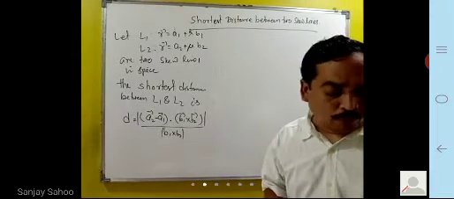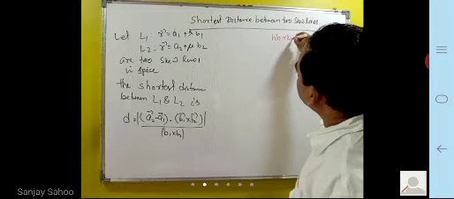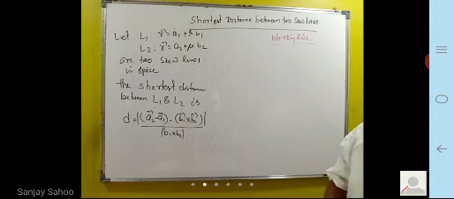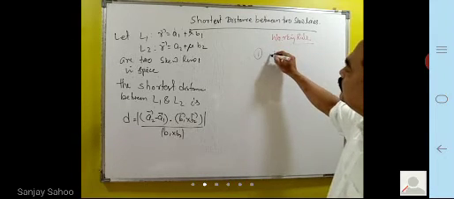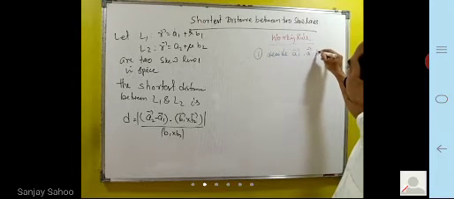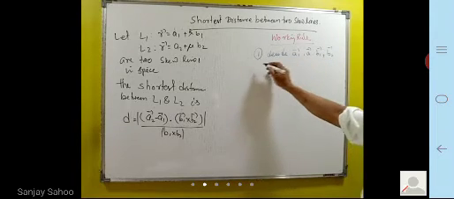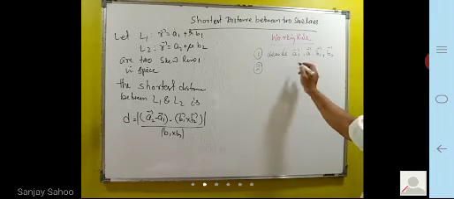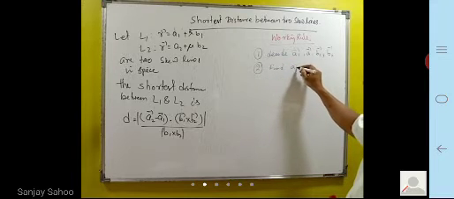Working rule to follow. To solve the problem, step 1, decide A1, A2, B1, B2. These vectors you have to decide first. Second, after finding these, next find A2 minus A1 vector.